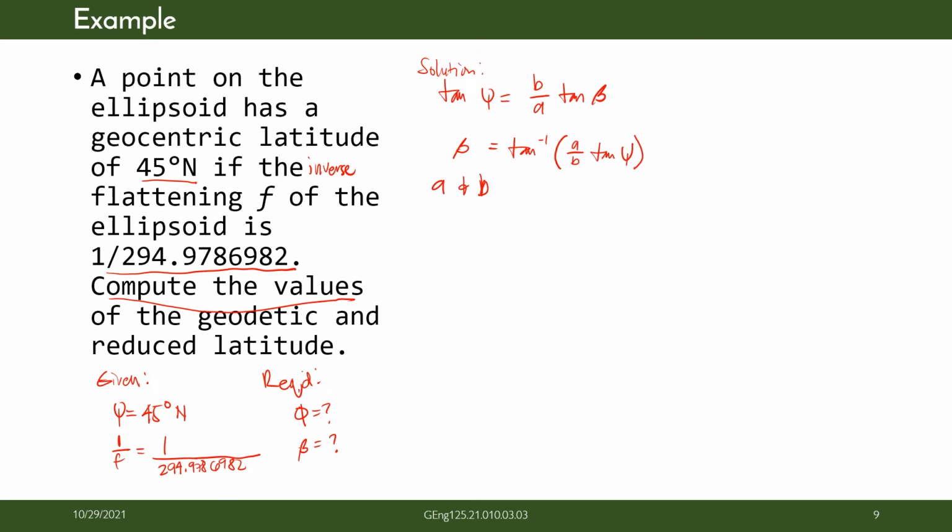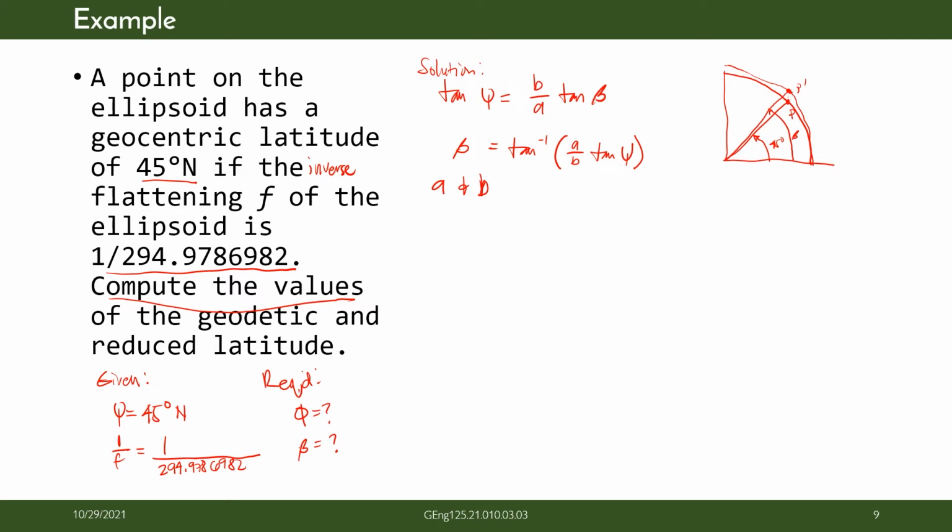If we draw the figure, for example, we are given the geocentric one, this. Let's say here that is your 45 degrees geocentric. We assume that we have this sphere, then we have your projection here. Let's say this is P, this is P prime on the sphere, then you have this one. This is now your reduced latitude.